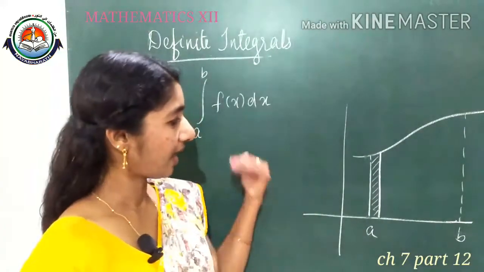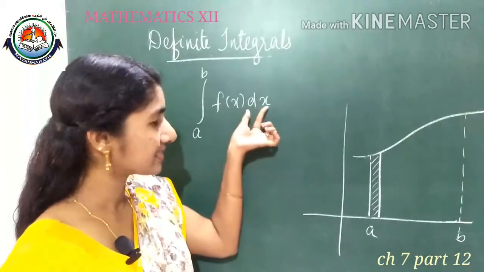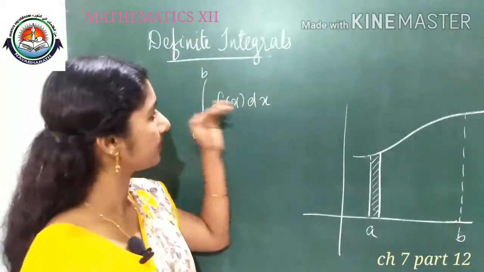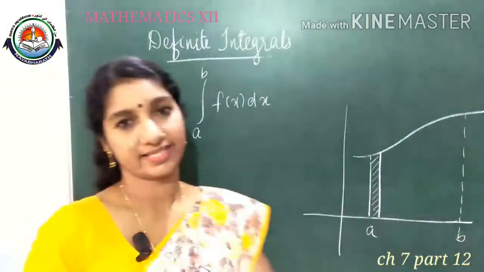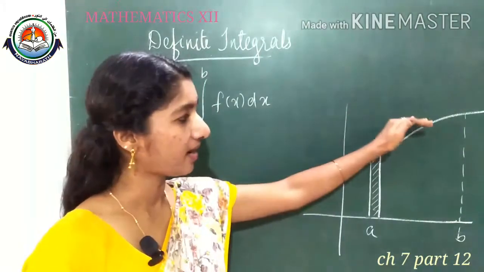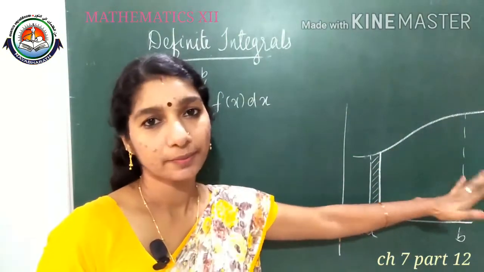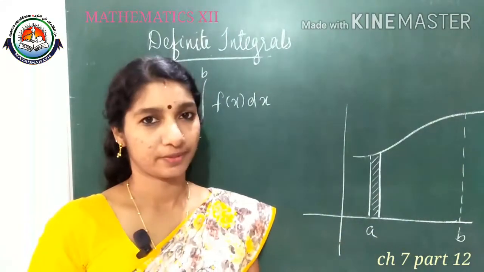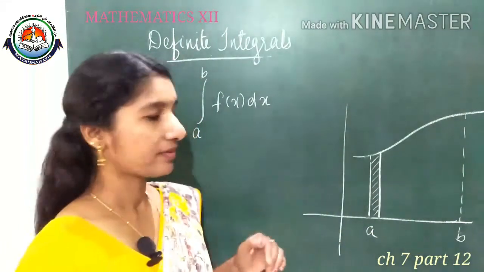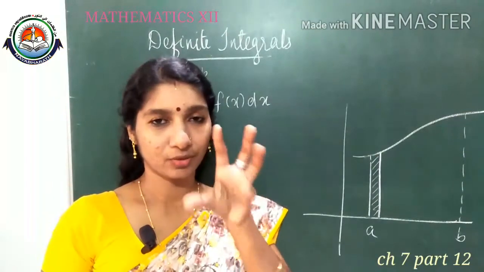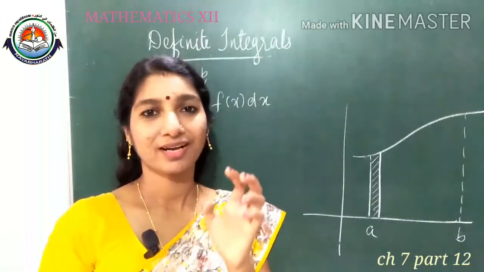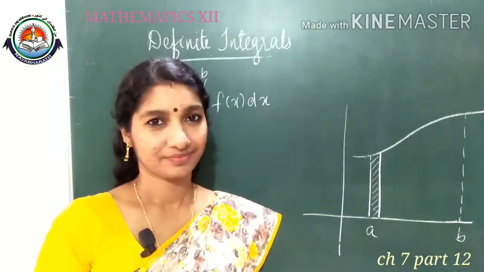So we are adding all the f of x dx from a to b. That is the meaning of integral a to b f of x dx. So we are getting area under this curve in the interval a to b. Okay. So we will get a new quantity, a numerical value. That's why we are calling it as a definite integral.